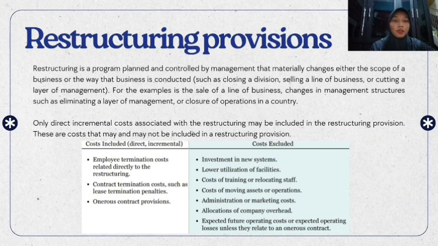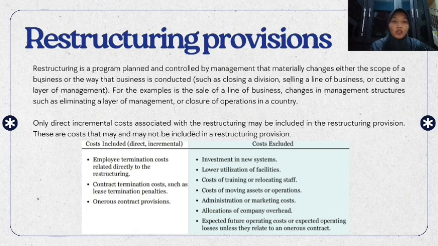Examples are the sale of a line of business, a change in management structure such as eliminating a layer of management, or a closure of operations in a country. Only direct incremental costs associated with the restructuring may be included in the restructuring provision.